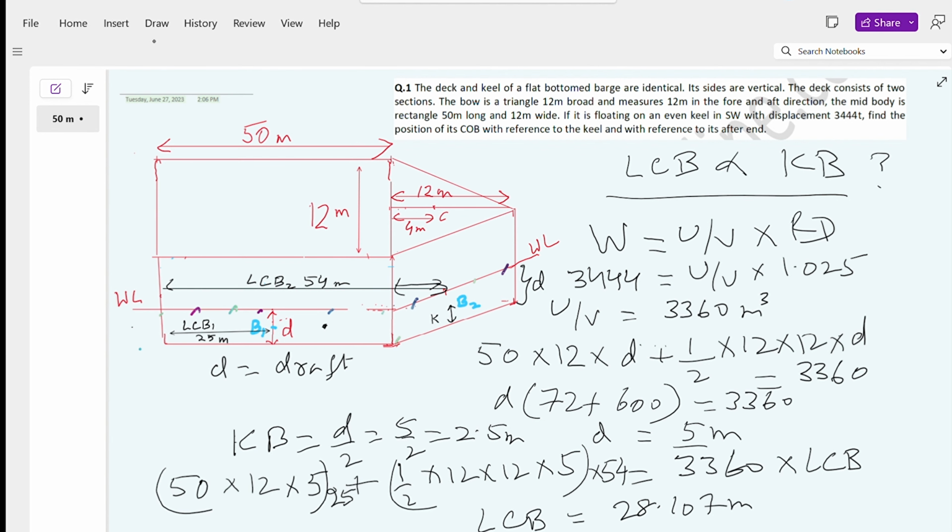This is 25 plus another 2-3 meters. So the center of buoyancy is somewhere here under the rectangular section. The center of buoyancy of the full complete barge is 28.107 meter from aft.